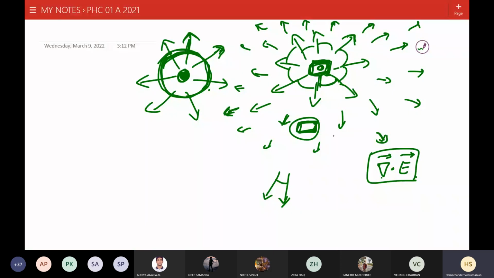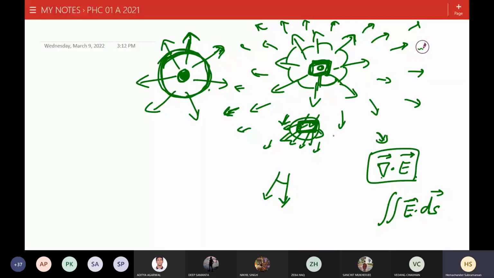Do you want to do this E dot dS for this particular cube here? If you do that, what do you think you would get? There are some electric fields going in and some electric fields coming out, right? You will find that the amount of electric field that goes in and the amount that comes out of that volume is the same.